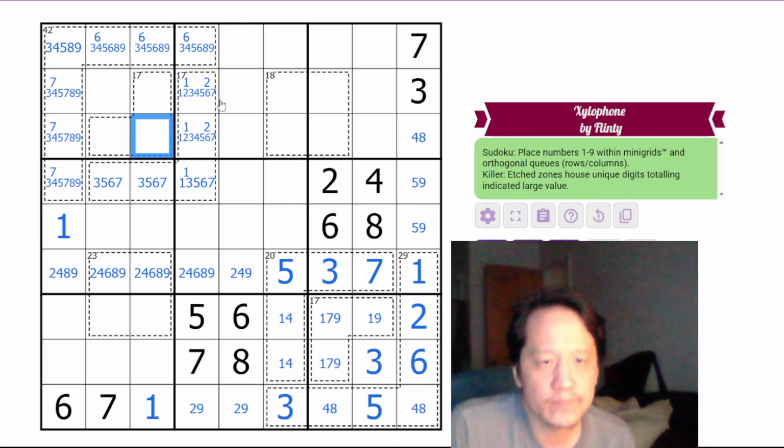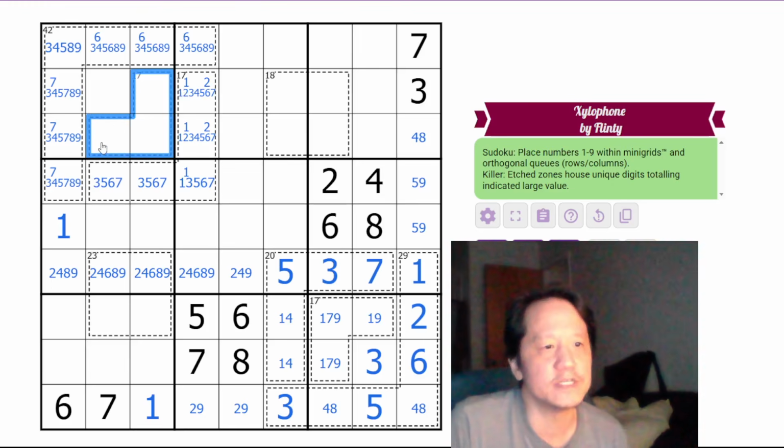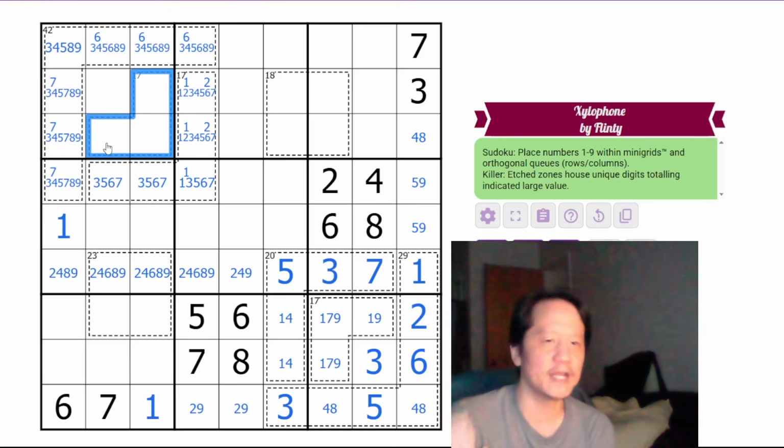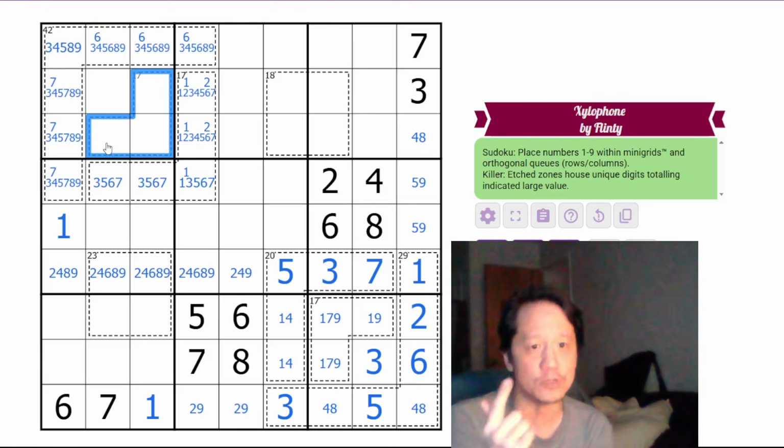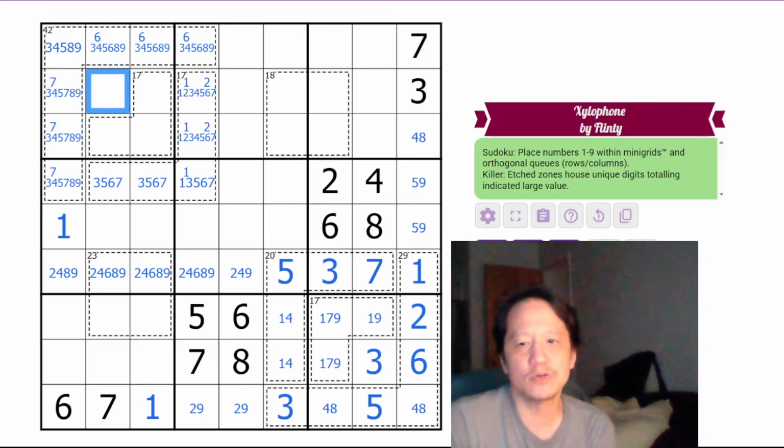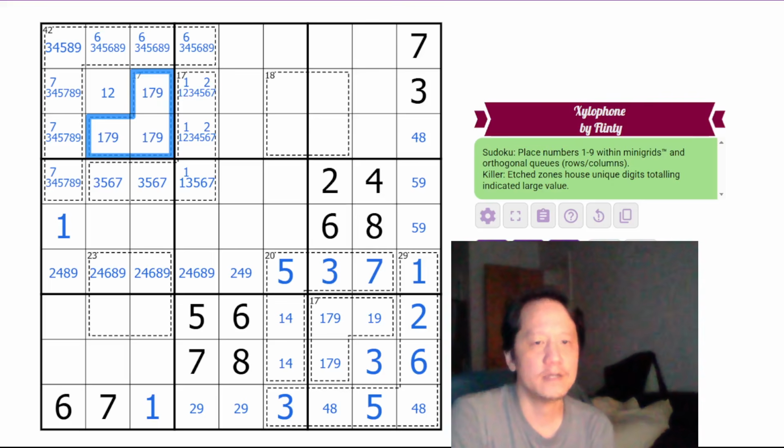To add up to 17, you cannot have both 1 and 2 in that cage, and we don't have 1 and 2 available in the rest of this box, so this is going to be 1 or 2, and the other one must add up to 17 with 2 unique digits. If you have 1, it must be 7 and 9, and 1 cannot be here.